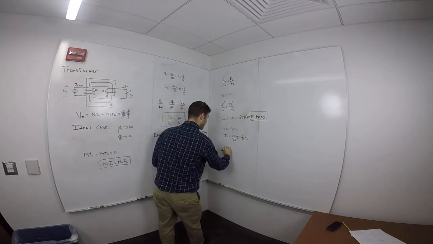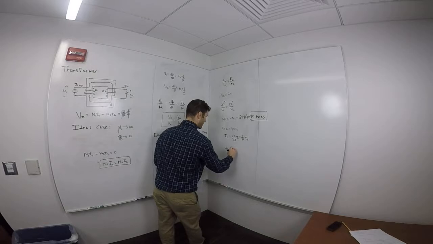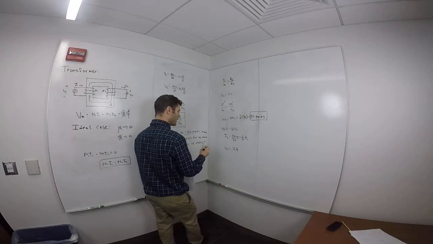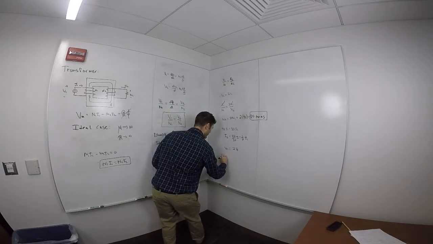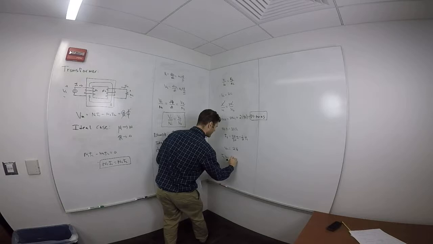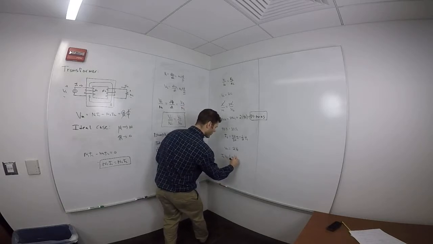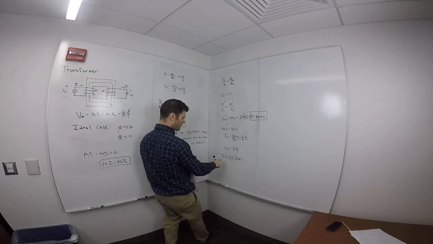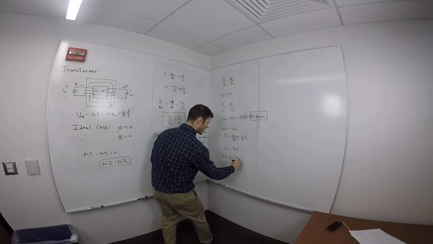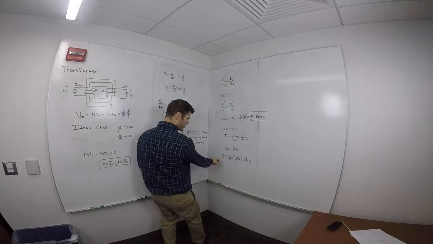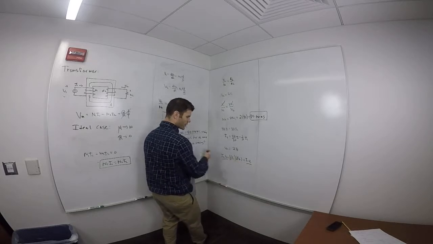So we said that V2 is equal to 2 times V1, and I2 is equal to 1/2 I1. Now what happens when we multiply I2 times V2, which would give us P2? Well, that would give us 1/2 I1, right, for I2, multiplied by 2 V1 for V2. These two are going to cancel each other out, and what do we get? I1 times V1. So you should see that the output power is exactly equal to the input power, and we have conservation of energy.